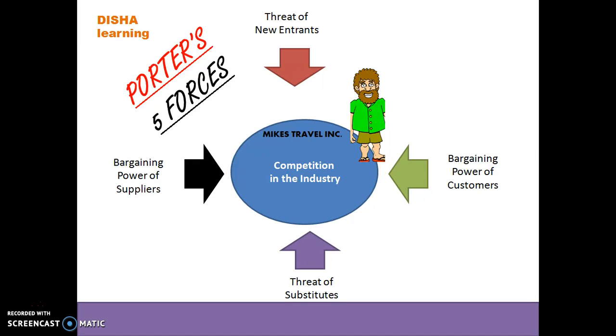Because he's able to do that, he would also go in for differentiation, and that allows him to charge whatever he wants and carve his own niche in the industry. So this is Porter's 5 forces, and mostly it is to understand what is the strategy that we need to adopt. This is again determined by the amount of rivalry in the industry.